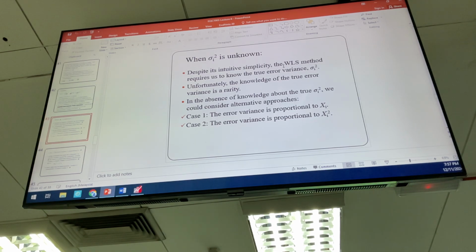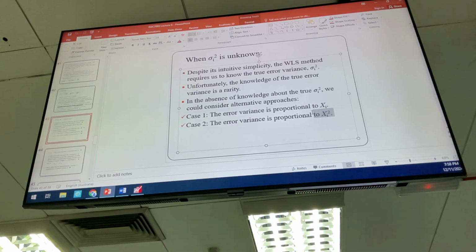So here we have two different cases. The first one is if the error variance is proportional to x. As I mentioned before, the first test is the best to detect this one, where the error variance depends on the value of x.